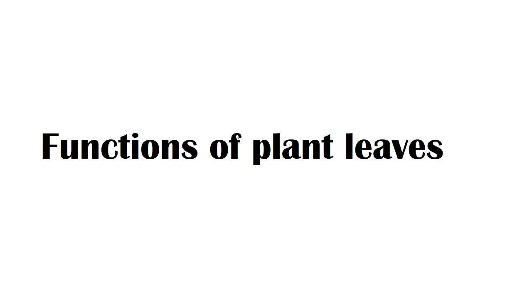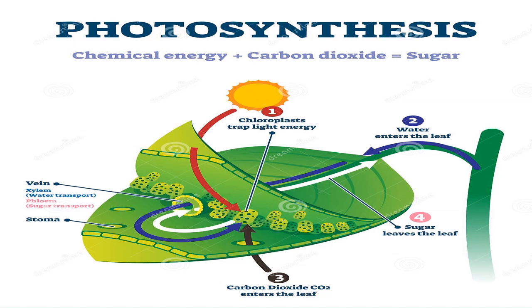Let's discuss the functions of plant leaves. First one is photosynthesis. The main function of the plant leaf is photosynthesis. Through photosynthesis, plants produce food in leaves. This is a complex picture of photosynthesis, the process that happens inside the plant leaf.